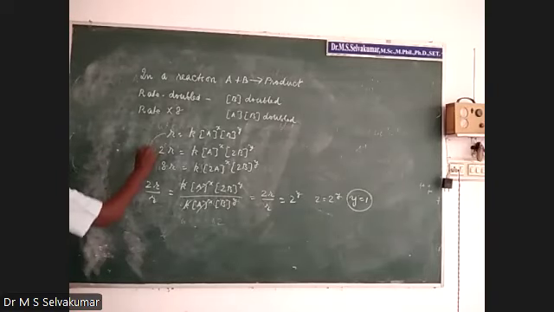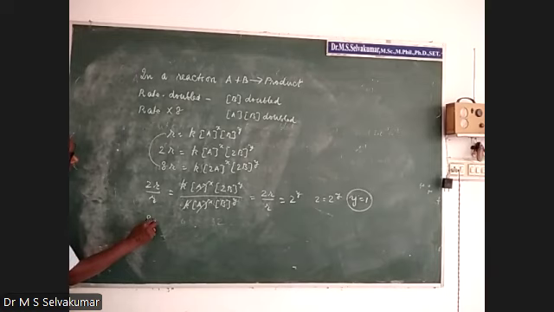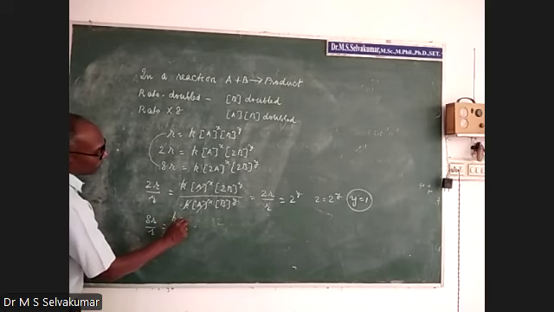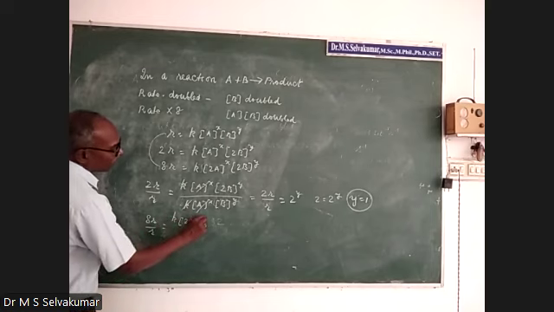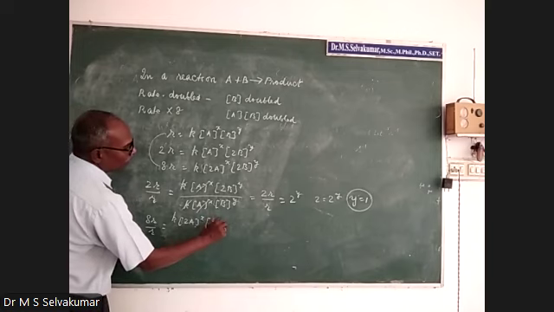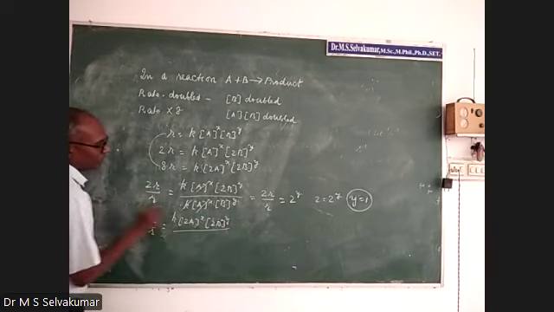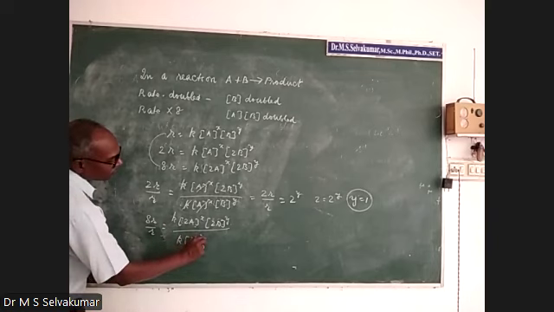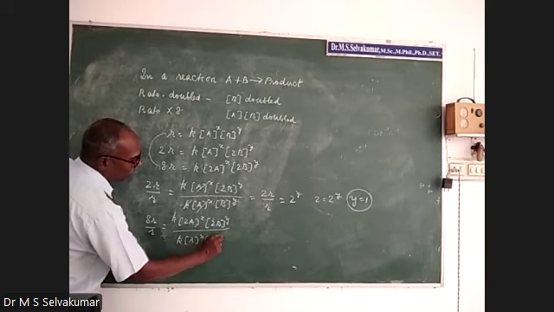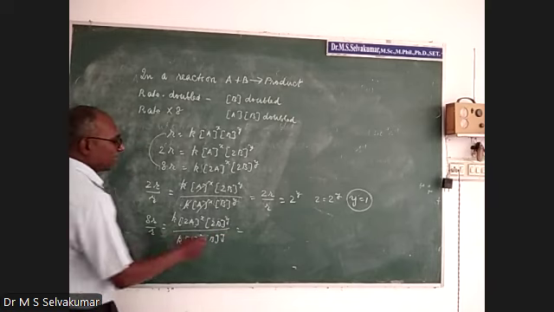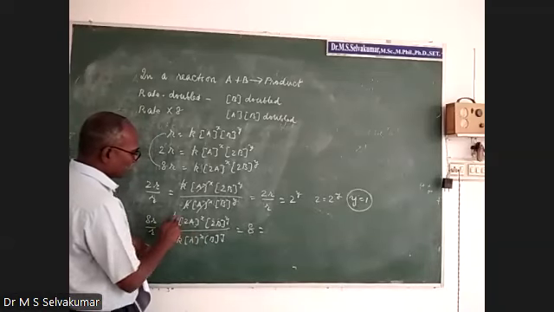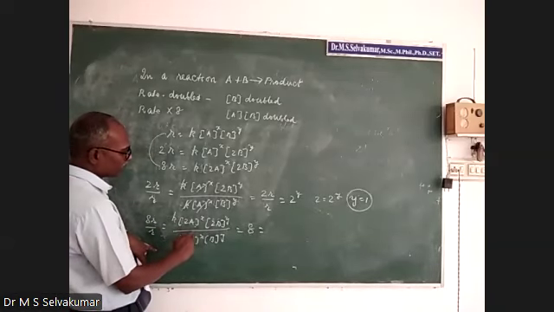Similarly, you can compare these two. 8R by R is equal to K 2A power X 2B power Y divided by K A power X B power Y. So this 8 is equal to, K gets cancelled, A power X gets cancelled.